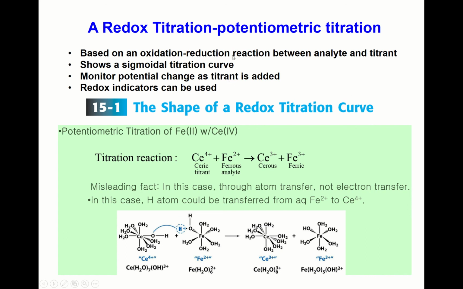All the process is the same, but you need two electrodes. Also, as acid-base indicators can be used in acid-base titration, there are redox indicators whose colors change depending on the redox potential. That's the difference, but the principle is very similar.